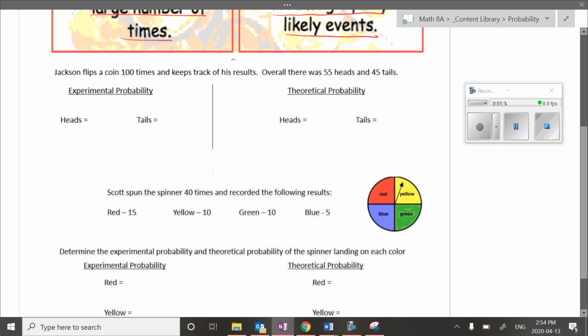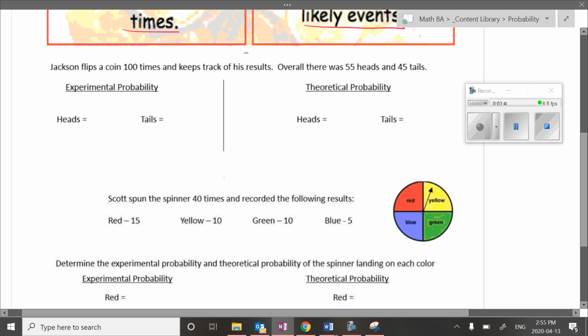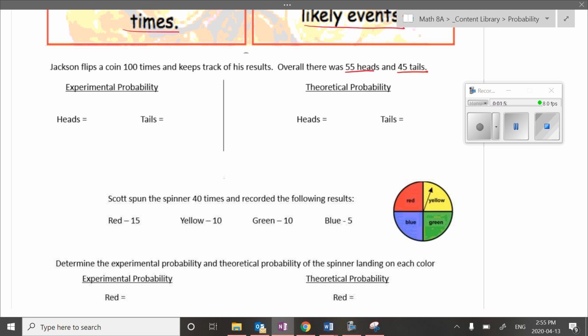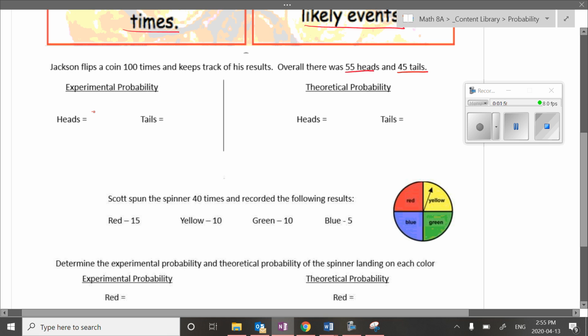Jackson's flipping a coin 100 times. We have that large number. He keeps track of his results. Overall, there were 55 heads and 45 tails, which makes sense. The likelihood of doing only 100 trials and getting 50 and 50 is not very likely. So our experimental probability of heads is going to be 55 out of 100. We always reduce that.